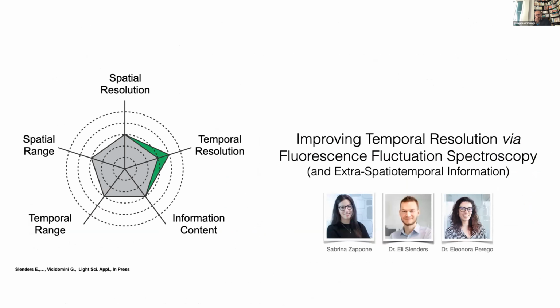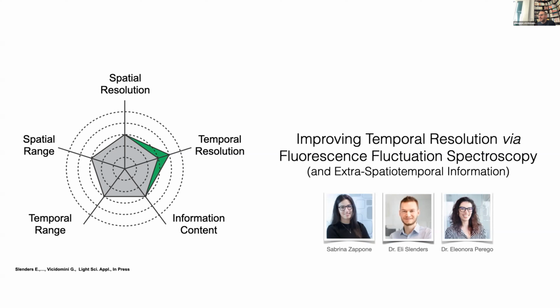Okay, so I still have a few minutes, so I will go really fast, but I want to give you a highlight of another important project that we are running in the lab that is using the SPAD array in the context of fluorescence fluctuation spectroscopy. Since we are using a laser scanning system, and you have to raster scan your beam across the sample, this is not the method of choice for fast imaging.